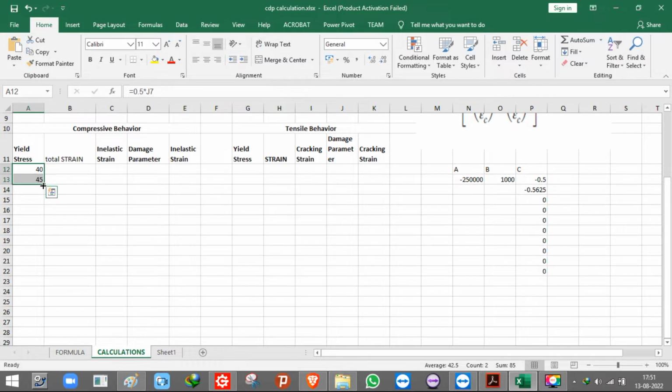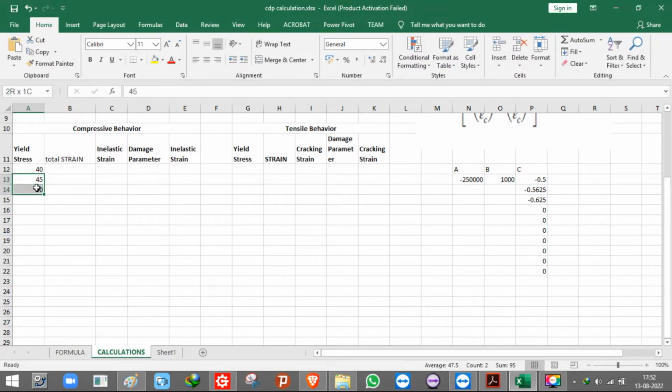Let's say I am taking it at a gap of 5, so I'll go up to, sorry, there is some formula, so I need to delete it. Why is this happening? Oh, sorry, 45, 50.